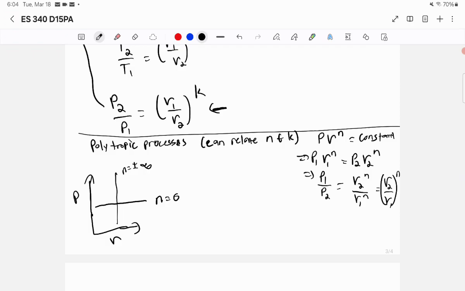And if I wanted to flip that relationship, then P2 over P1 is equal to V1 over V2 to the n. Okay, so now you can kind of see that this polytropic process is very similar to the process we have written up here, right?